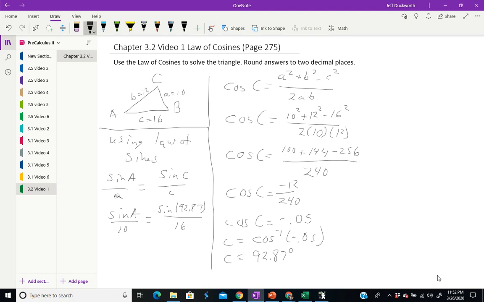So sine of A equals 10 times sine of, actually we wouldn't know this, but that's okay, sine of 92.87 all over 16.